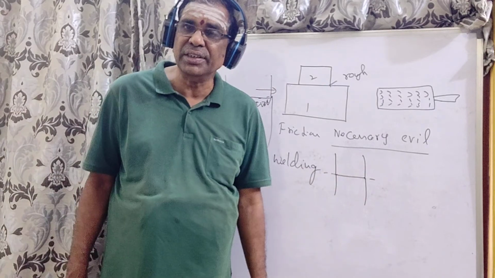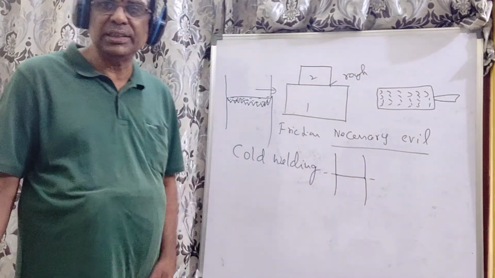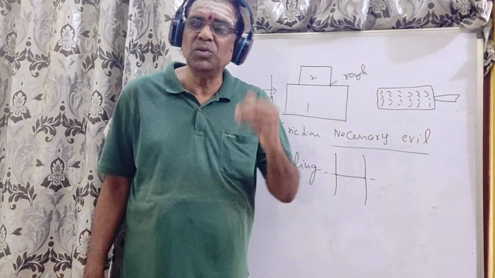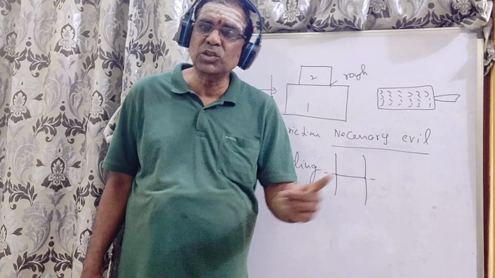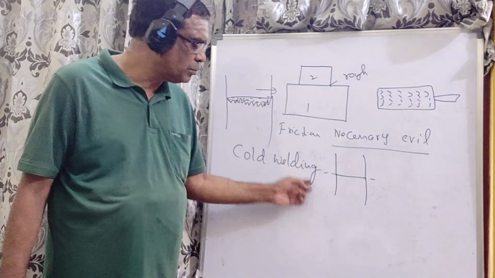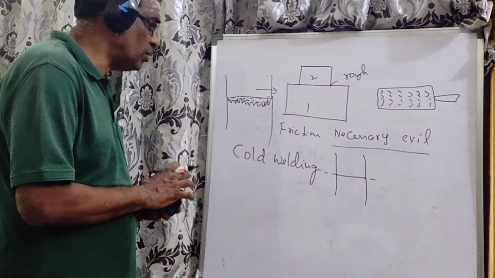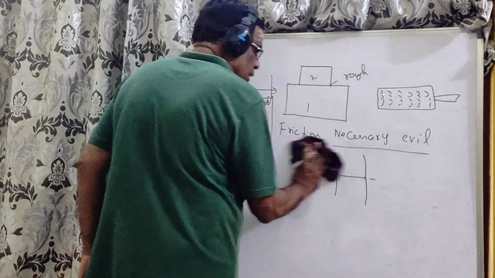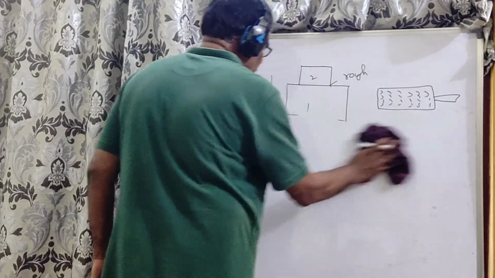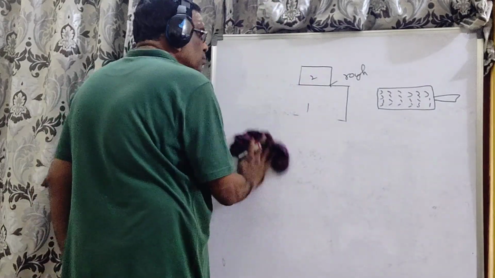That is the story of it. So although smoothness is required, one cannot go beyond a point because it leads to a process called cold welding, right?